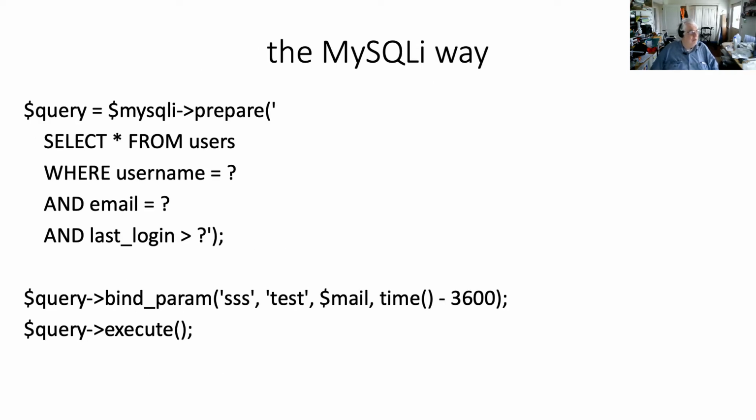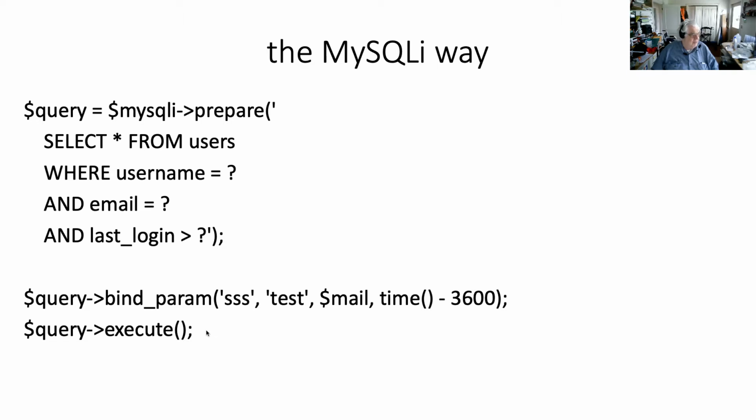The MySQLi way is that you give it a query and you can still prepare it, but now you're giving it question marks. And then when you want to bind the parameters, you have to say SS test mail and time, and you execute.